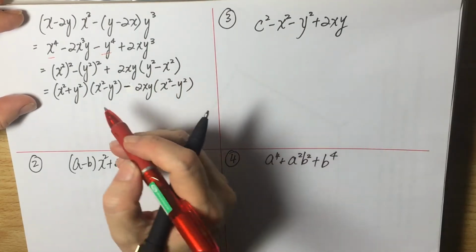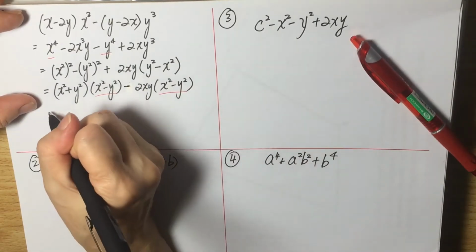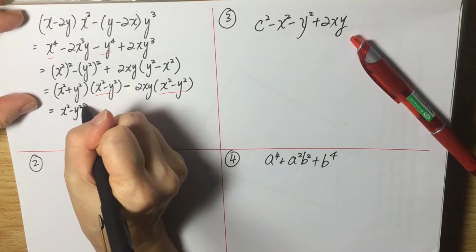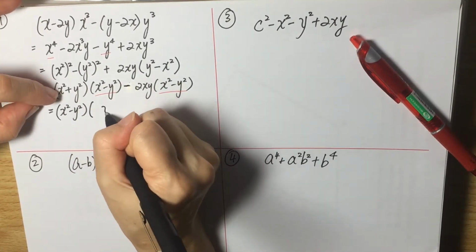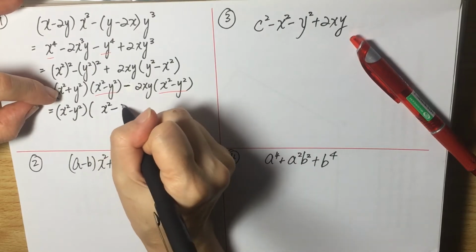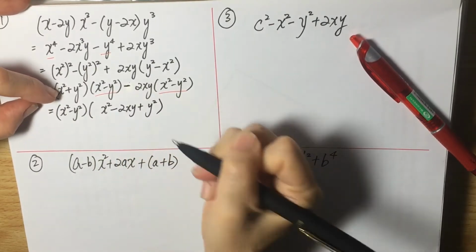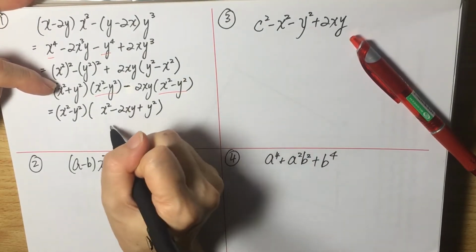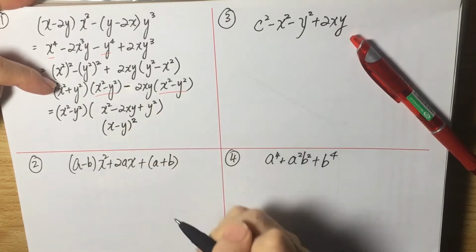Why I do that is because I want to make something common. Then I can bring out common factor. So x squared minus y squared is the common factor. I bring it out. And so I'll have x squared minus 2xy plus y squared. Can you see that there's a perfect square here, which can be factorized to be x minus y whole thing squared.